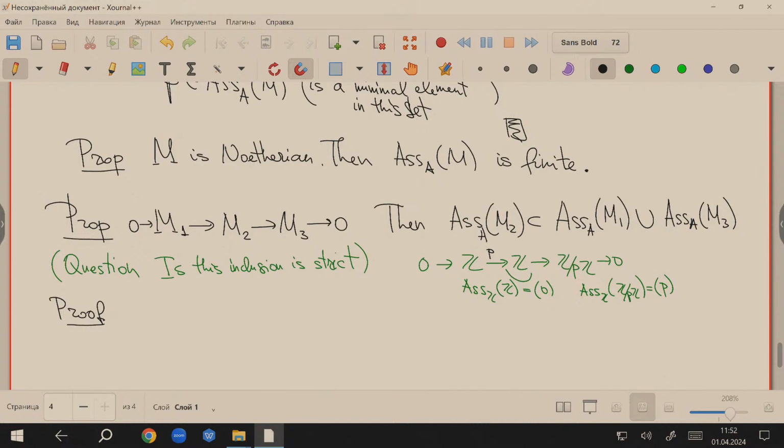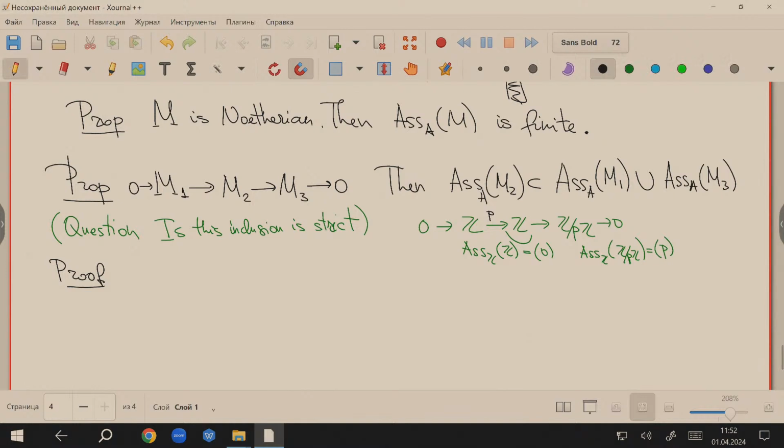So let us prove this proposition. So what do we have? So suppose you have M2. So here you have to do simply the following. If you have a P that belongs to the set of associated primes of M2, you should prove that it either belongs to the set of associated primes of M1 or M3.